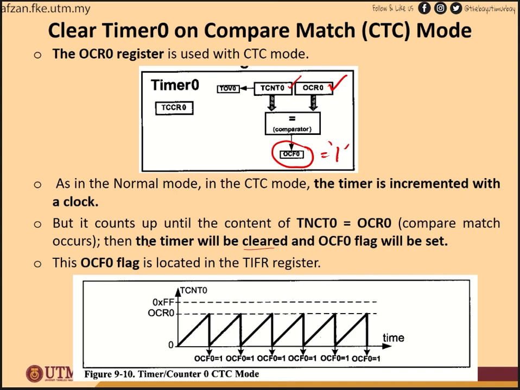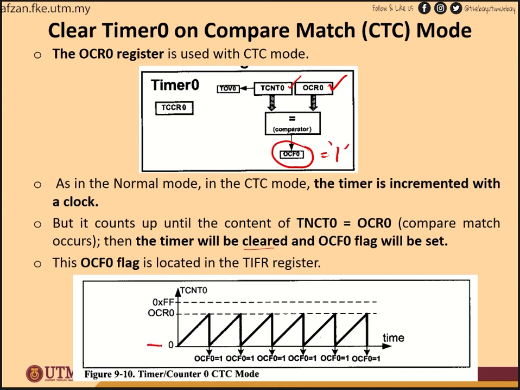Okay, so this OCF0 flag is located in the TIFR register. We already learned about the TOV0 flag, the OCF0 flag, and any other flag that is located in your TIFR. This is what happens.